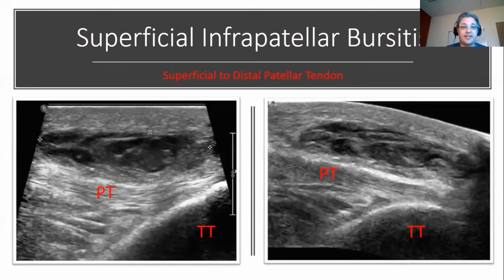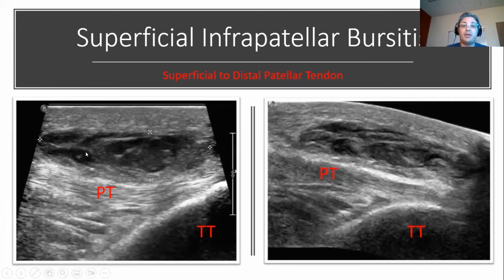Yet another nice example of superficial infrapatellar bursitis. Let's go over the anatomy. Here's our band-like patellar tendon coming down to attach to the tibial tuberosity. We have a complex mass in the soft tissue superficial to the distal patellar tendon with both solid and cystic components.